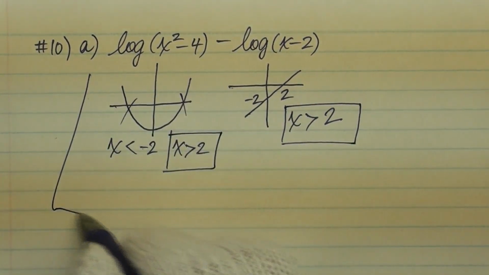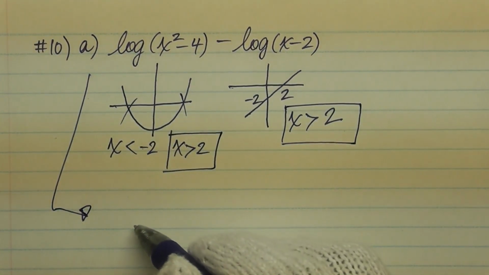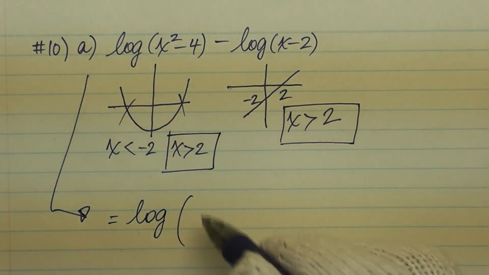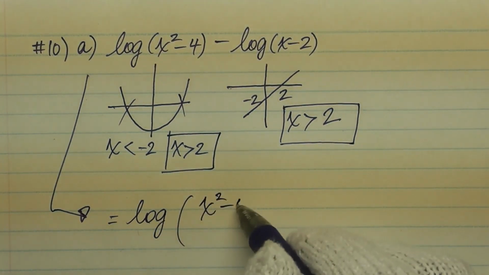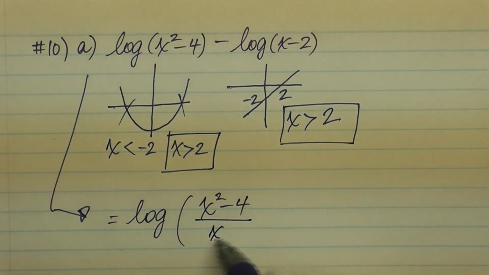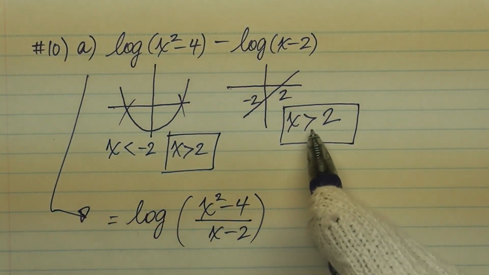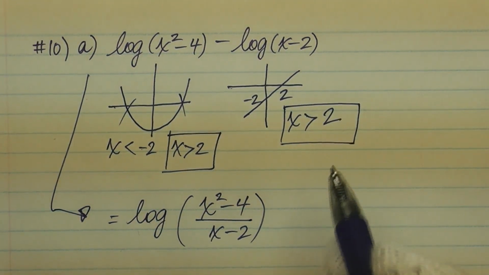Okay, so now we go to solve the actual question. That's going to be log of (x squared minus 4) over (x minus 2). Notice we don't have to worry about x being 2, because if x is greater than 2, it excludes 2.